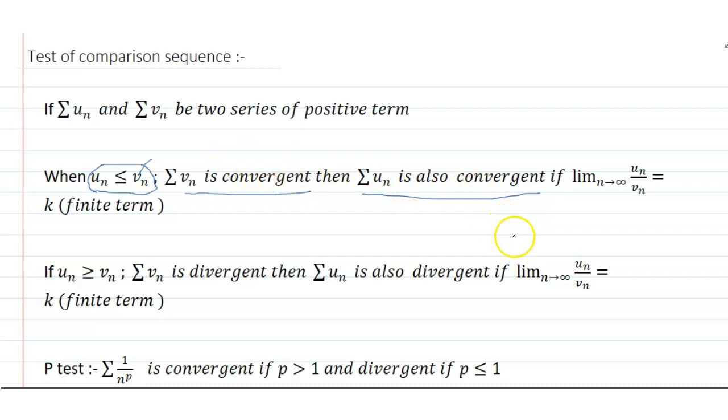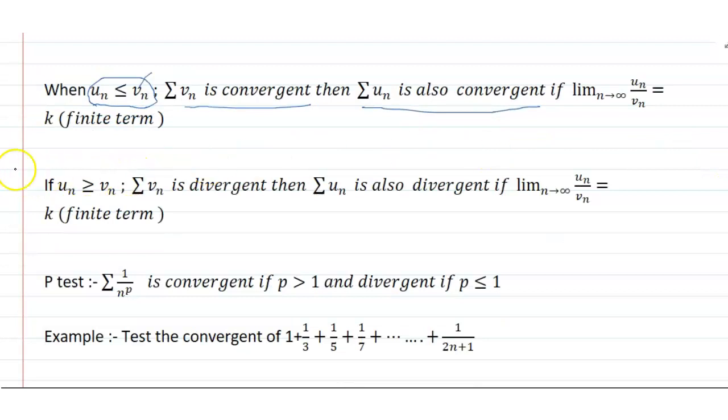If limit n tends to infinity, un by vn equals k, a finite term, and if un is less than or equal to vn and vn is divergent, then summation un is also divergent, if limit n tends to infinity un by vn equals a finite term.